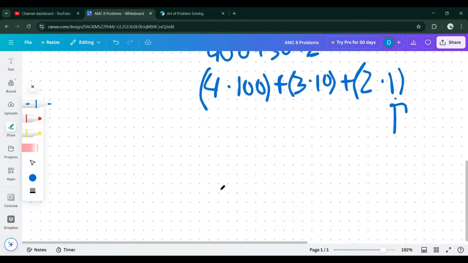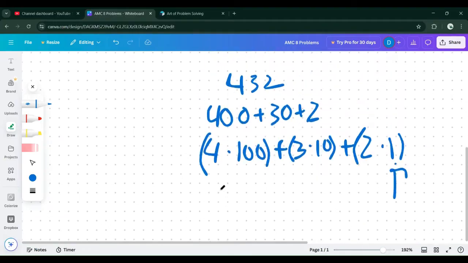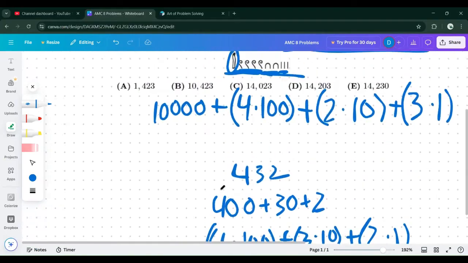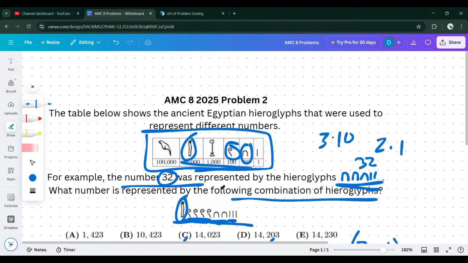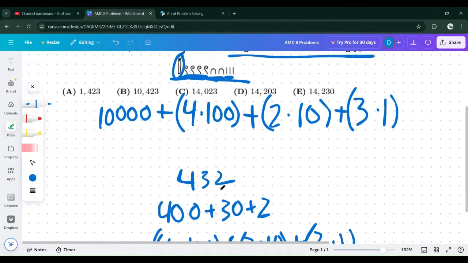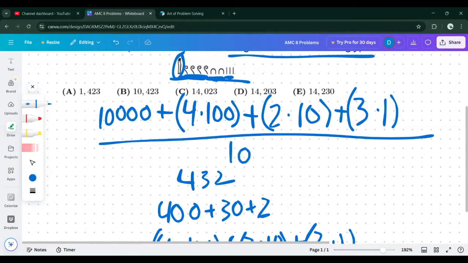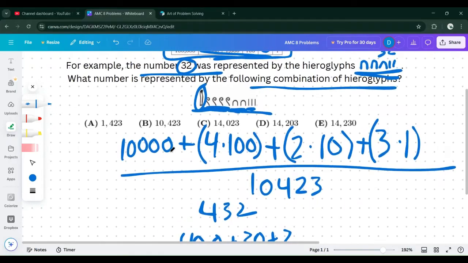They're each worth one amount, and they add up to the total sum. So we can just add up and find the sum right here, and we'll get 10,423. So the answer to this problem is going to be B.